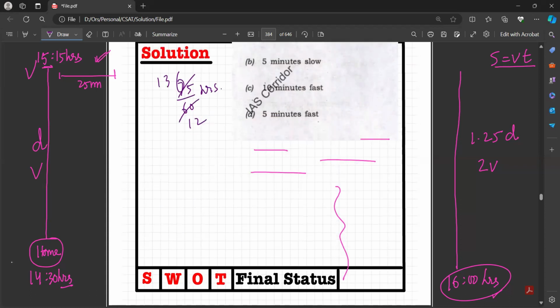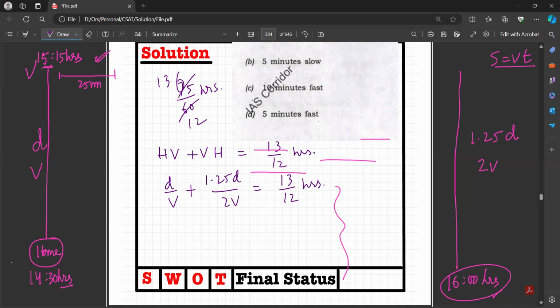So total time for the first round, from home to village and then village to home, is 13/12 hours. From home to village, if distance is d and speed is v, time taken will be d/v. Village to home will be 1.25d/2v. The total time will be 13/12 hours because we have subtracted the 25 minutes of rest.